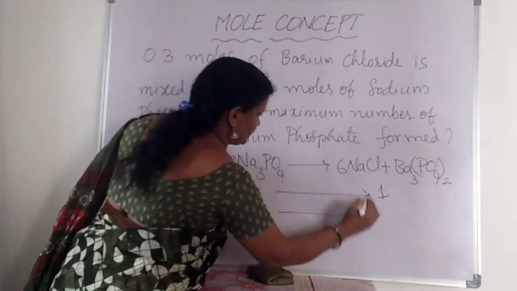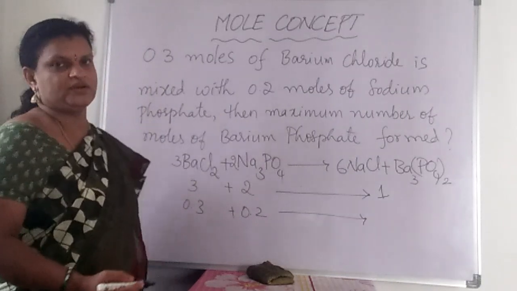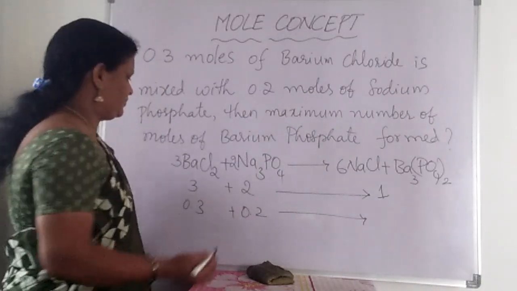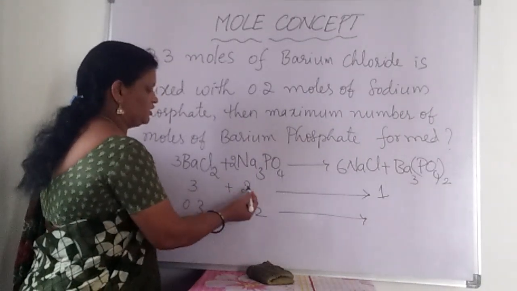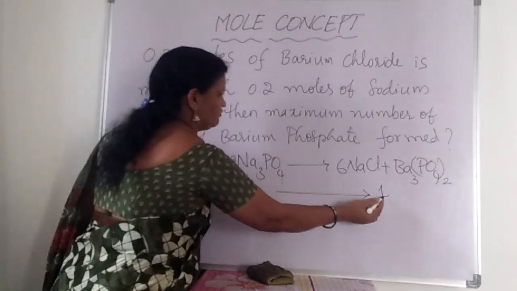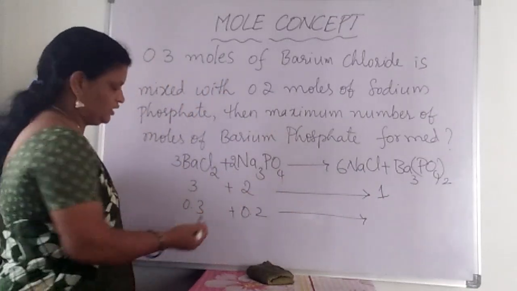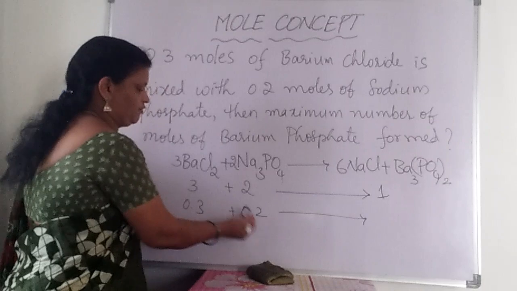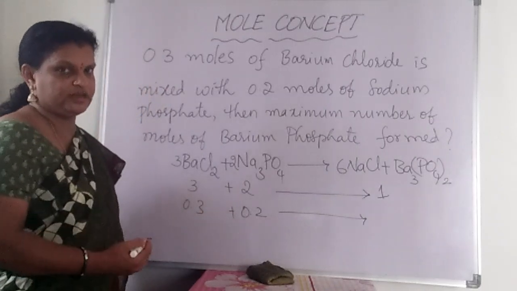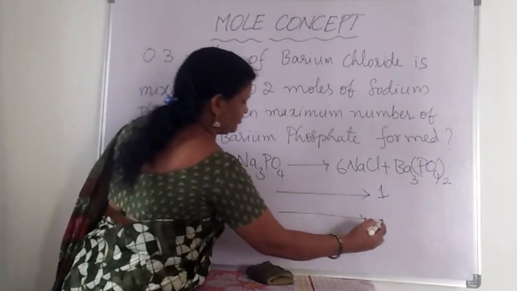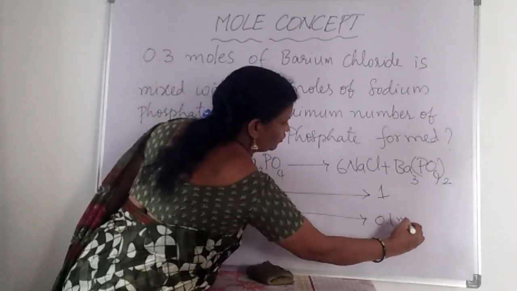Then on the product side, how many moles of barium phosphate will be formed? See, here 3 moles of barium chloride, 2 moles of sodium phosphate, then 1 mole of barium phosphate is formed. Now here everything is divided by 10, meaning we are taking the 10th part. So here also we will get the 10th part only, 0.1 mole.